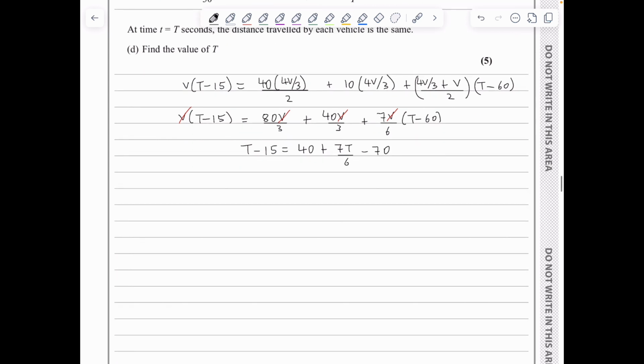I will multiply throughout by 6 to get that 6T minus 90 is equal to 240 plus 7T minus 420. I will be collecting the numbers on the left-hand side, so we're looking at minus 90 minus 240 plus 420 is equal to T, which leads to T being equal to 90.